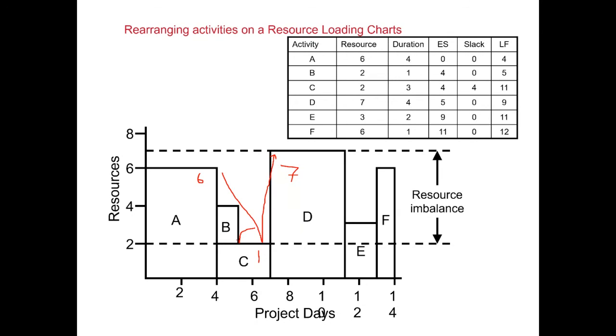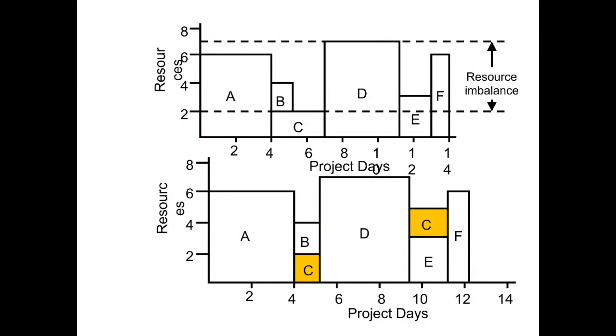If you think of it as Lego bricks, just doing this part, and if possible, splitting it and moving it to this part of our project to see if we could get a better resource profile. It may not be possible, but it may be. So this is something that has to be decided with the subcontractor.